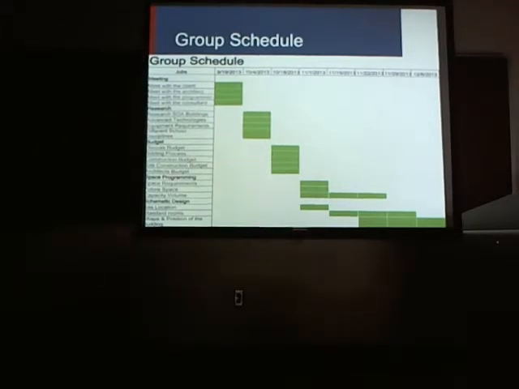I like this diagram a lot because what it does is it combines the timeline with the various tasks. I'm surprised there's no overlapping here. Like there's a little bit down here. And I'm surprised that it looks like you didn't take advantage of this diagram to indicate at what point there is what I would call a deliverable.